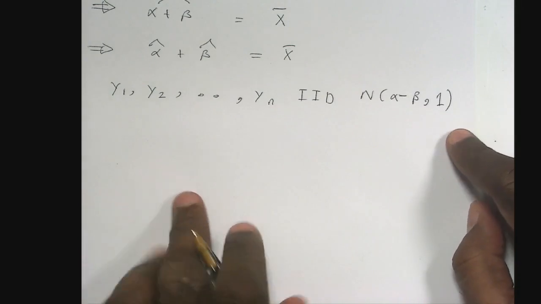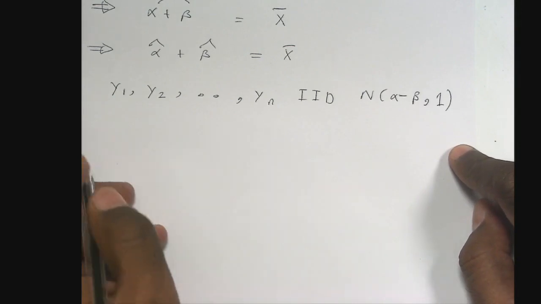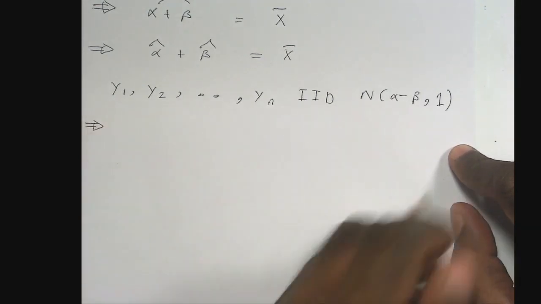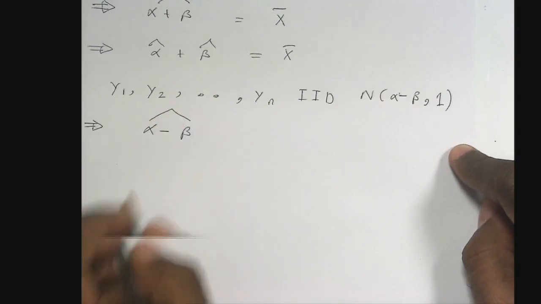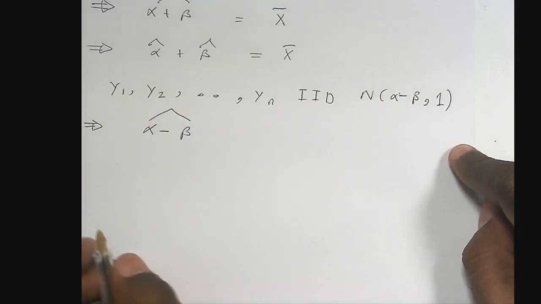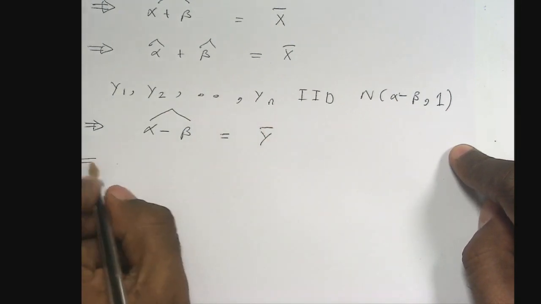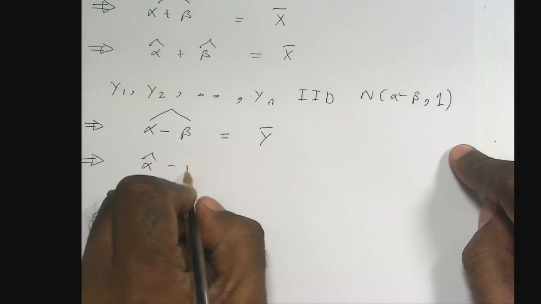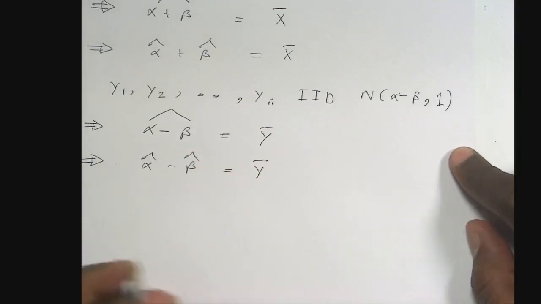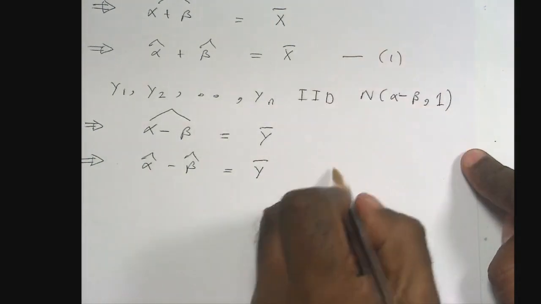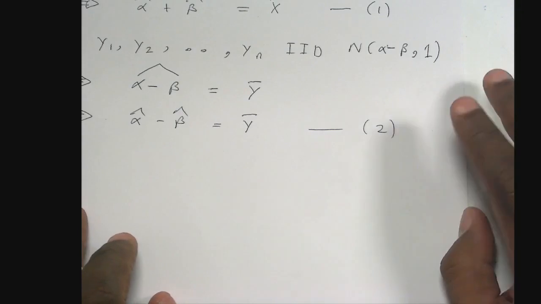Using the same argument, the MLE for the mean parameter, which is alpha minus beta, is equal to the sample mean, which is y bar. So that implies that alpha hat minus beta hat is equal to y bar. Call this equation 1 and this equation 2. You have two equations and two unknowns.